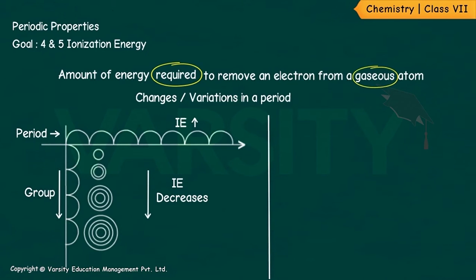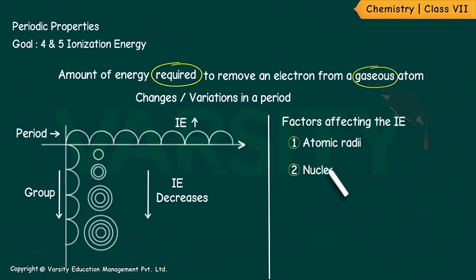Now, we list down the factors which are responsible for this. Here are the factors affecting the ionization energy. First, atomic size or atomic radii. Second, nuclear charge. Third, screening effect or shielding effect.